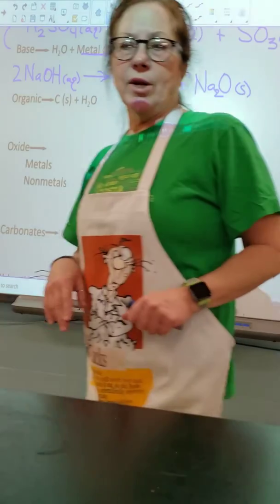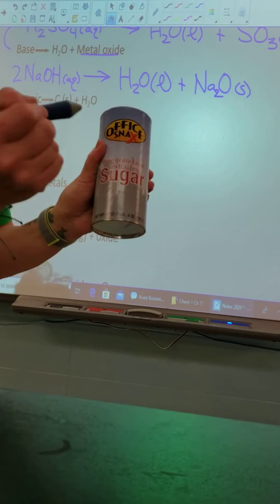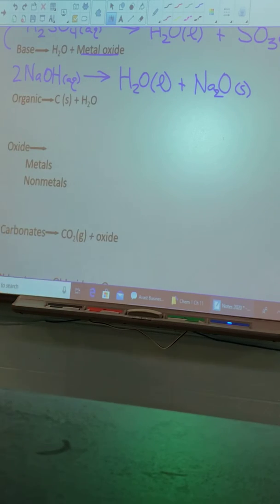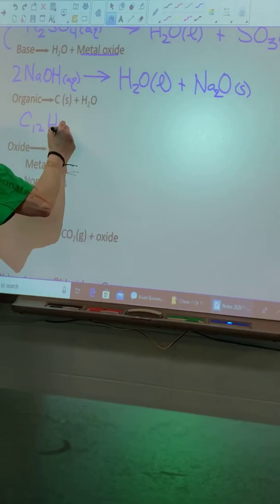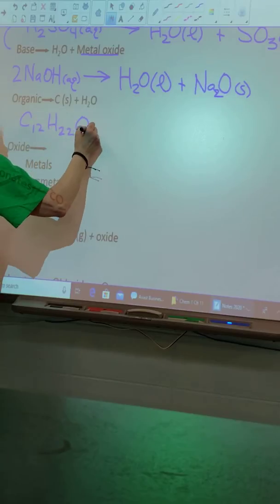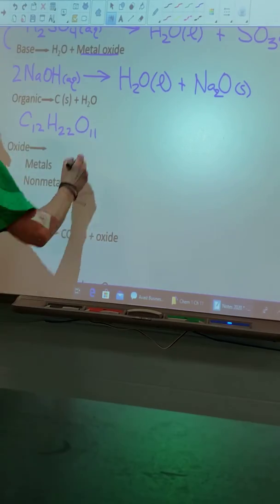Okay, now, the next two, I'm going to do demonstrations for. So I'm going to talk about them, and then I'm going to do both demonstrations just because I have to turn the camera. It's just going to be easier. All right, so the first one I'm going to do, I'm going to take some plain sugar, table sugar, which is C12H22O11, and it's solid.